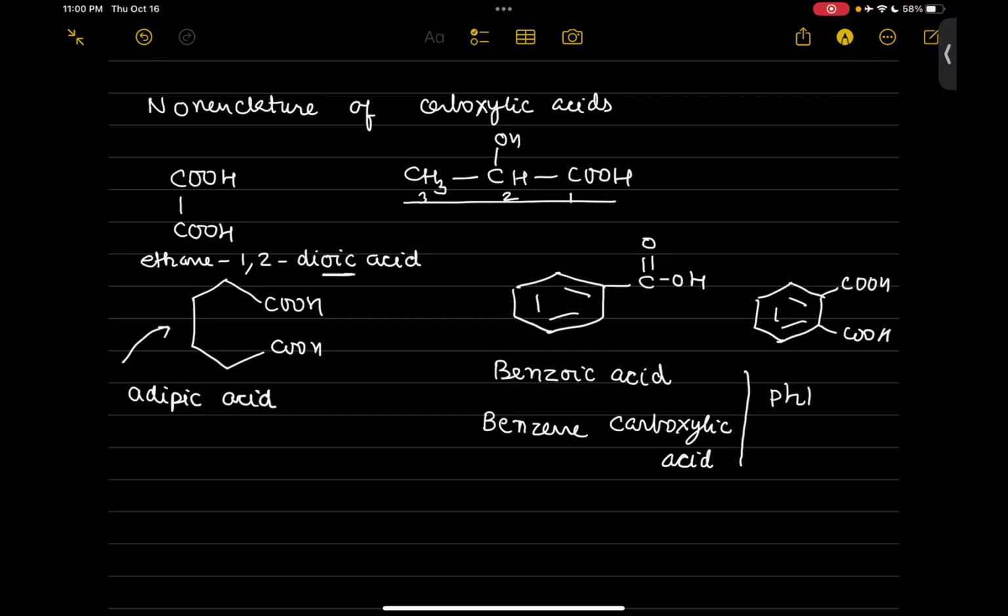This is phthalic acid. Benzene 1,2-dioic acid. Phthalic acid is the common name. Cyclic you use carboxylic acid, and oic acid you use for the open chain.